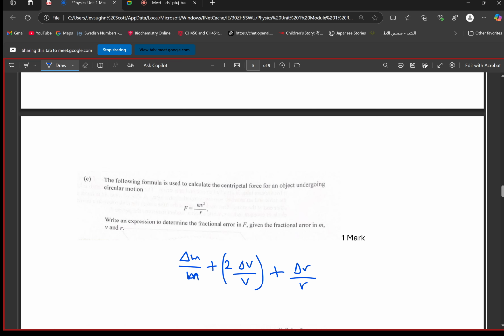Alright, so I would prefer delta f over f, but this is fine. Because if I write delta f over f, that's not necessarily giving me delta f. So this would give us delta f truly. Alright, so that's fine.